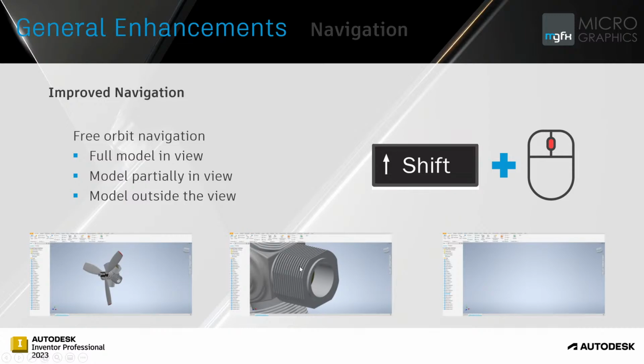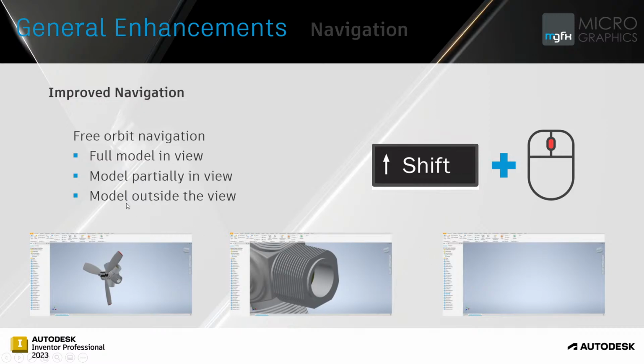The second type is when the model is partially in view, like the center picture. Right? What will happen there is that the pivot point will snap to the nearest edge, face, or vertex of the nearest component. So, for example, if I have this particular component in view, the entire design is partially in view, but this particular component, so the nearest face, vertex, or edge will become the pivot point instead of the geometric center.